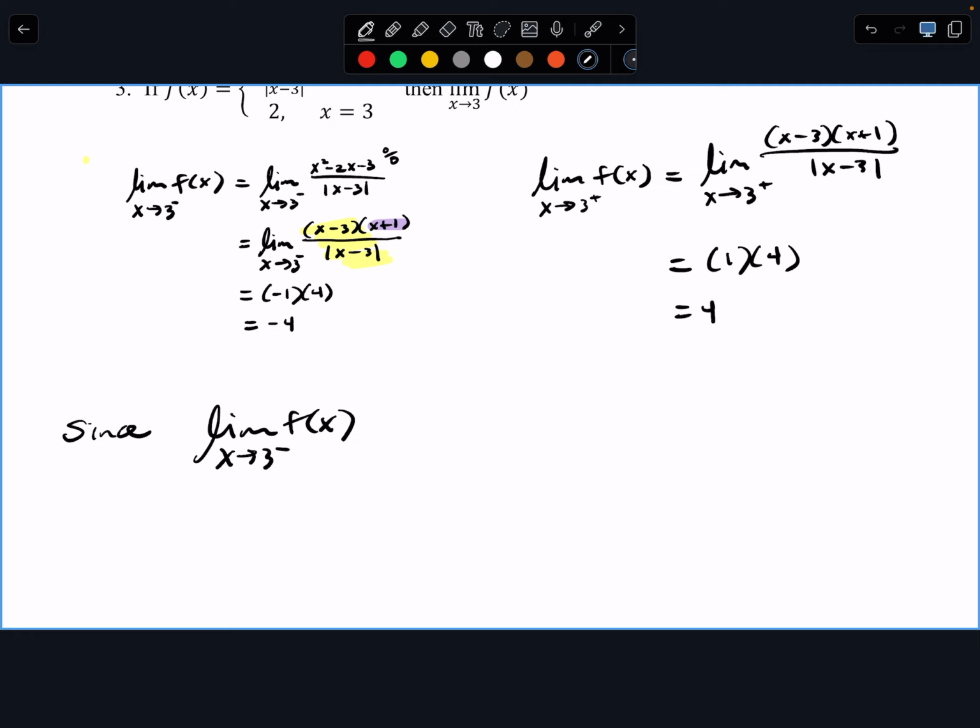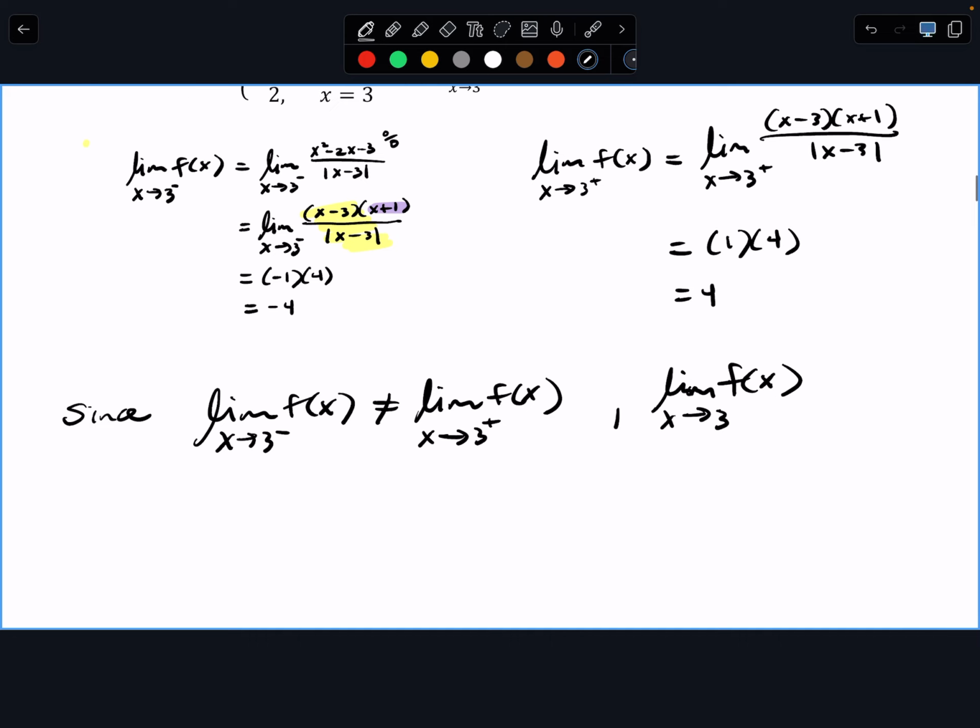If you made the statement, this is not equal to this, you haven't referenced the correct function. So the limit as x approaches 3 from the left of f of x is not equal to the limit as x approaches 3 from the right of f of x. Therefore, the limit as x approaches 3 of f of x.